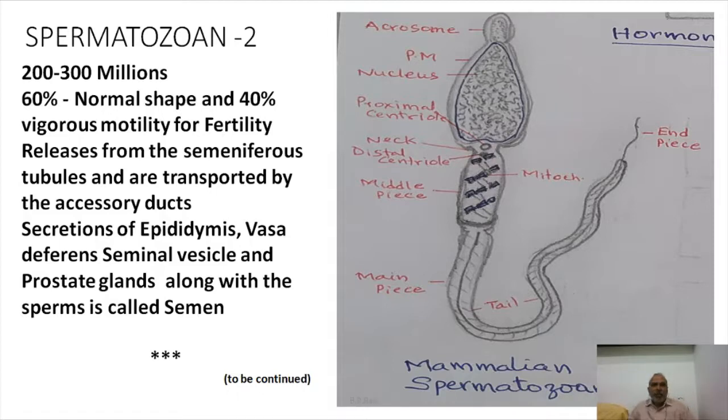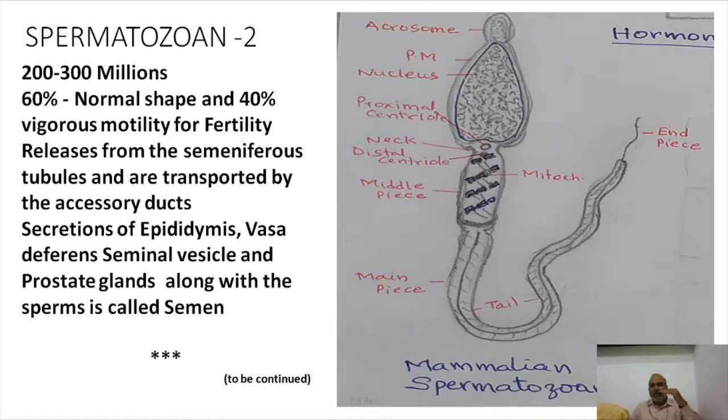Okay friends, hope you have understood today's lesson. What we discussed is spermatogenesis. Spermatogenesis is the production of sperms from spermatogonia. Spermatogonia produce primary spermatocytes by mitosis.